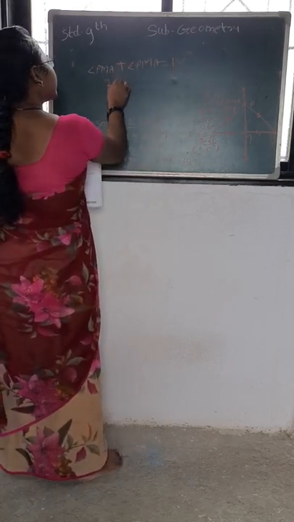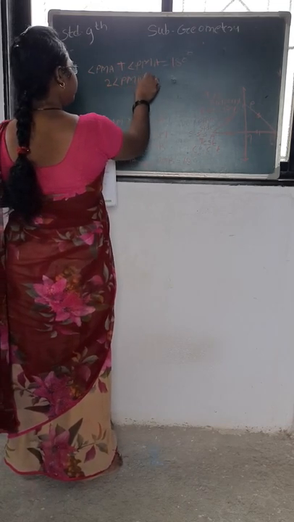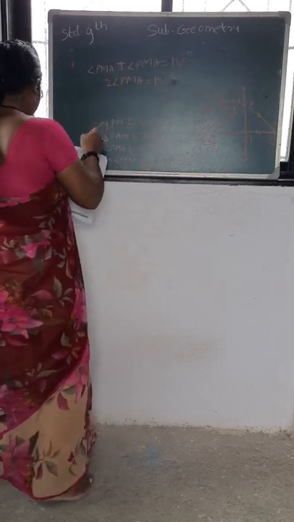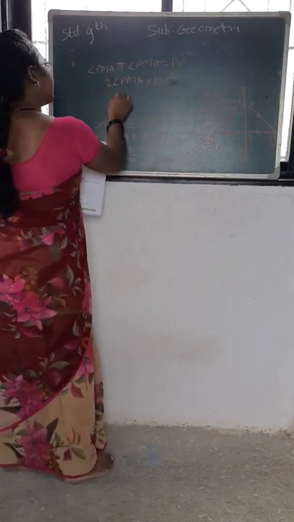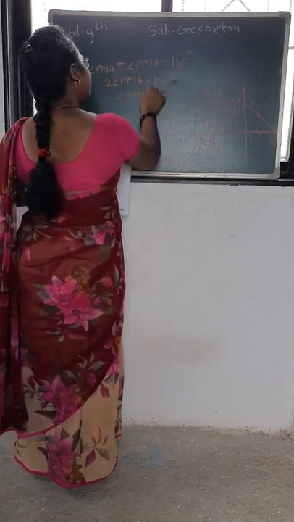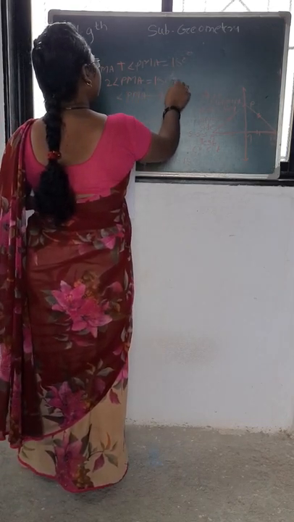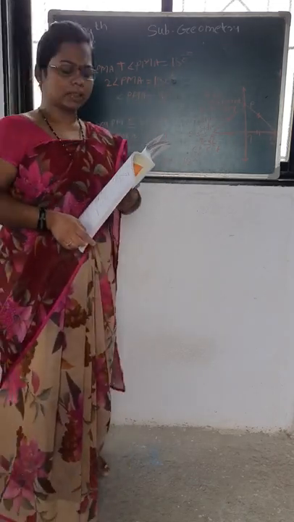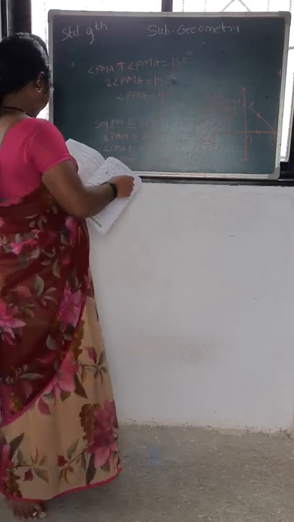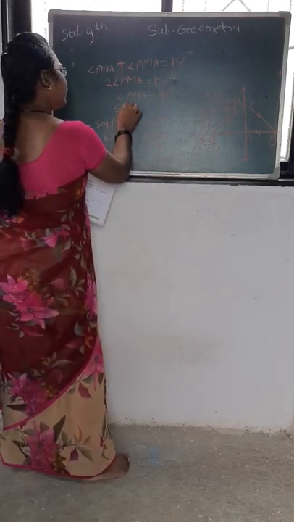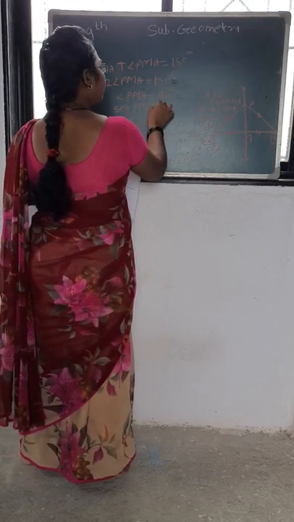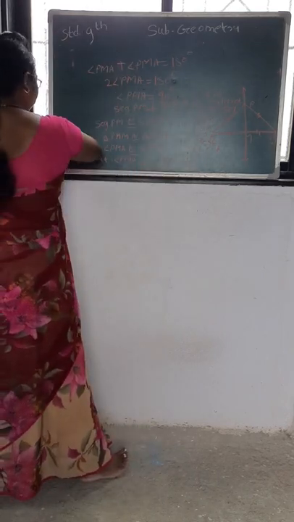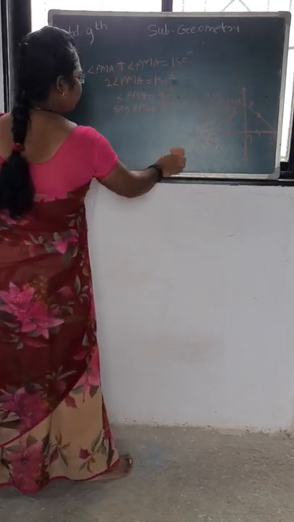Then 2 times angle PMA is equal to 180 degrees. Therefore, angle PMA is equal to 90 degrees. Therefore, segment PM is perpendicular to segment AB. This is equation number 1.